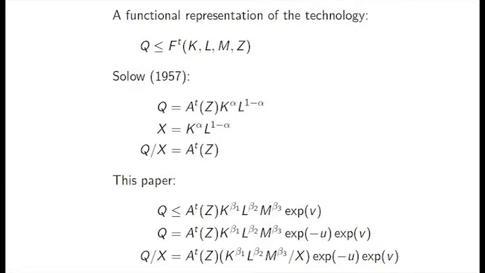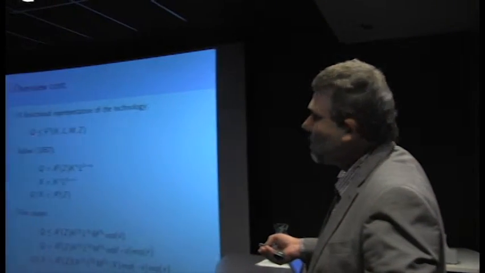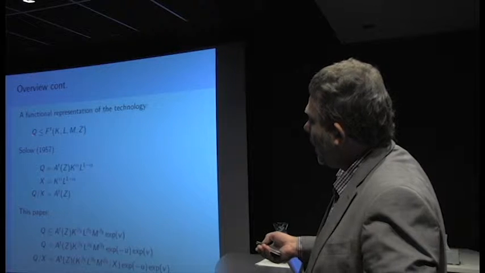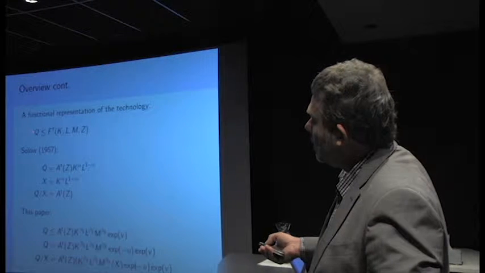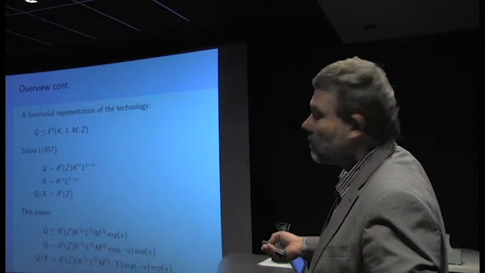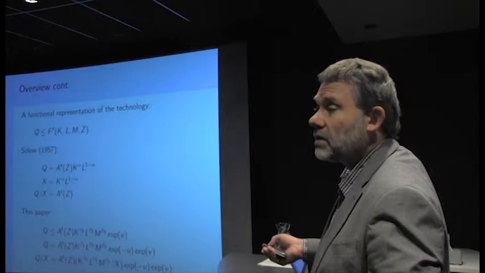for simplicity, in terms of notation, the data that I'm going to be using is data that aggregates all the outputs up into a single output. Big Q is output, and in economics we represent technologies using functional relationships, production functions.